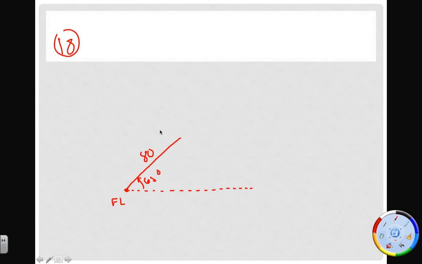Then it changes to 155 degrees. Well, from horizontal, it needs to change to 155 degrees.